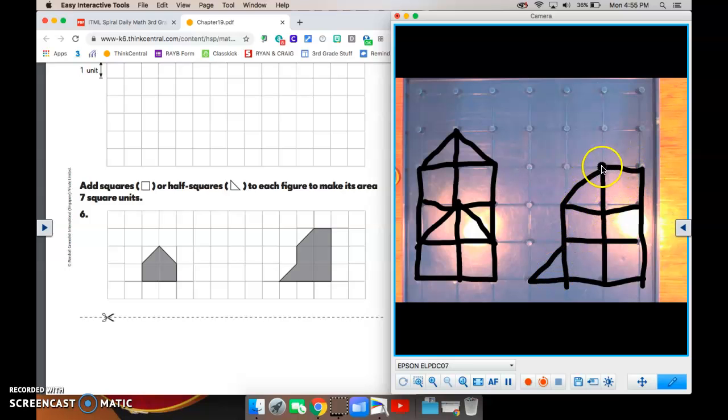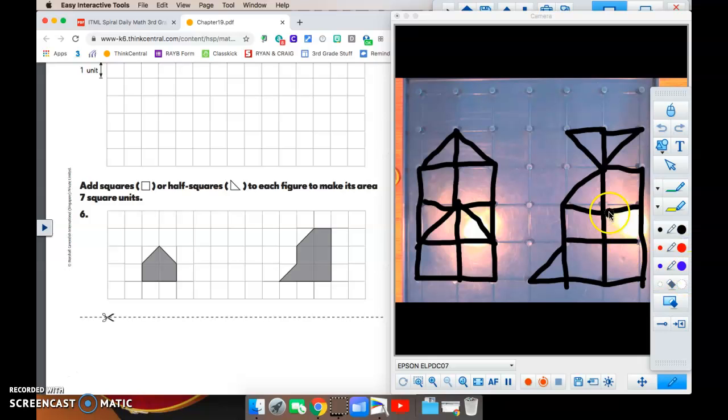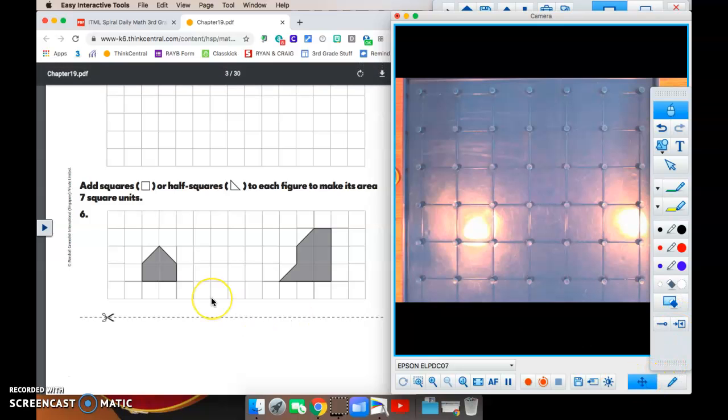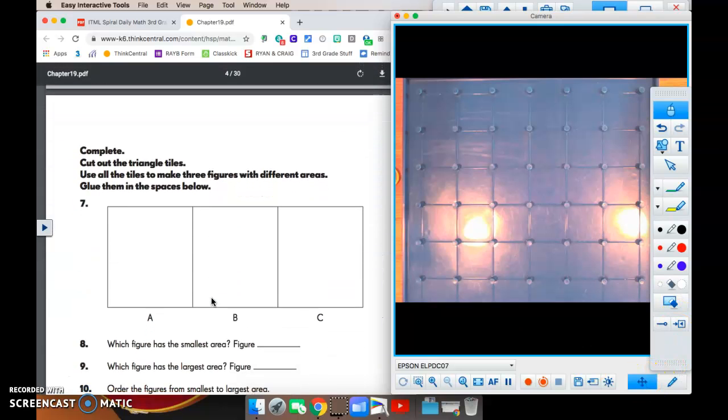So we could go 6.5, and there's 7. So a ton of different ways to do that. As long as you count 7 total, and count your halves as 1/2 of 1 for each, you'll be good to go.